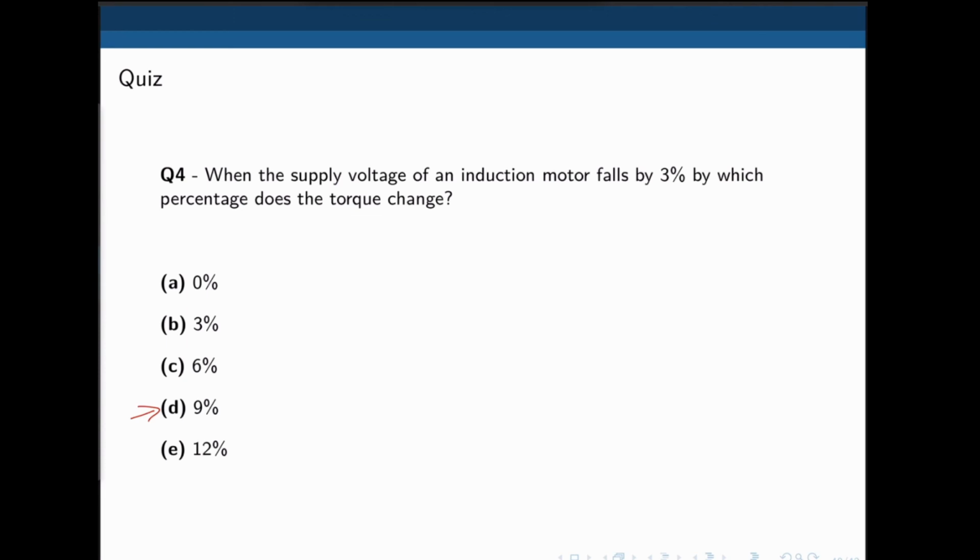So let's say the torque depends on V1 squared. If the voltage falls by 3%, the voltage would become V1 times 0.97, squared, right? Which would be a factor of 0.94 times V1 squared.